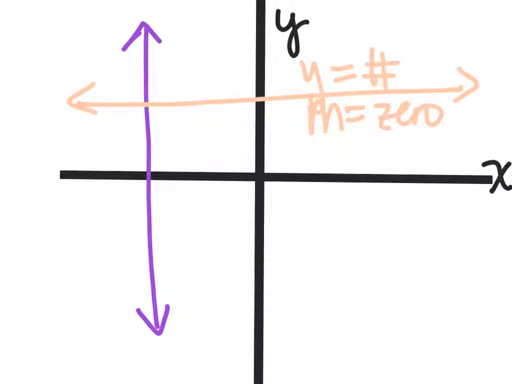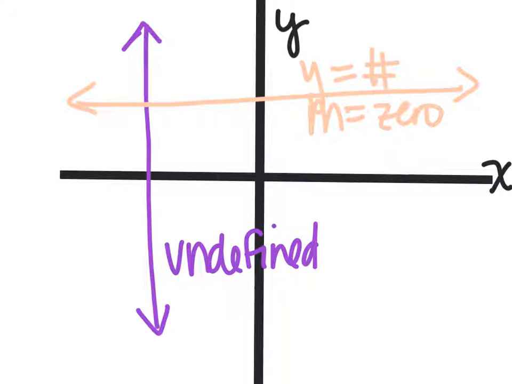If you have a vertical line, its slope is always undefined because up and down is undefined, and its equation is always x equals some number every time because it touches the x-axis. This is the x-axis, and this line touches the x-axis at some value.